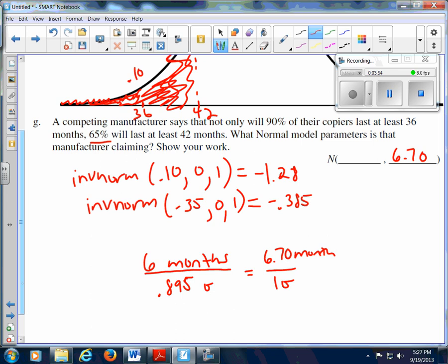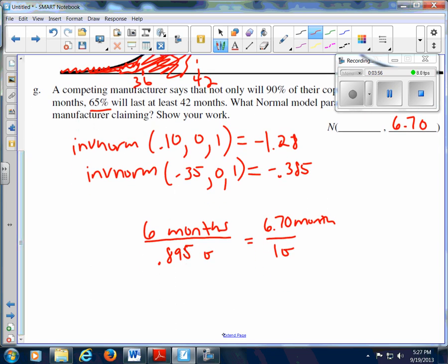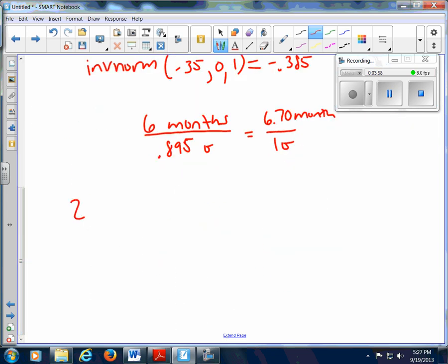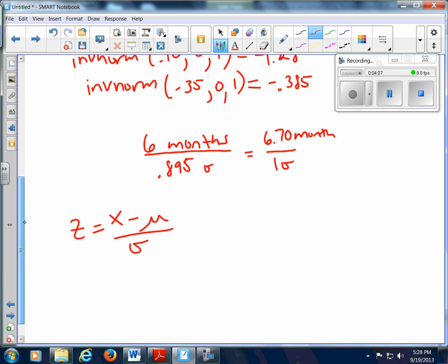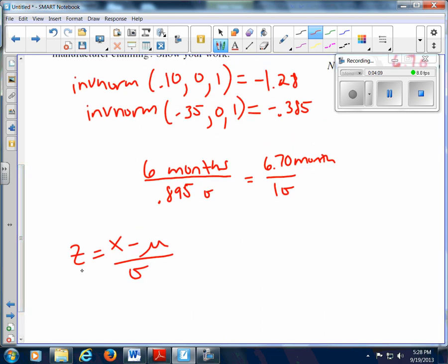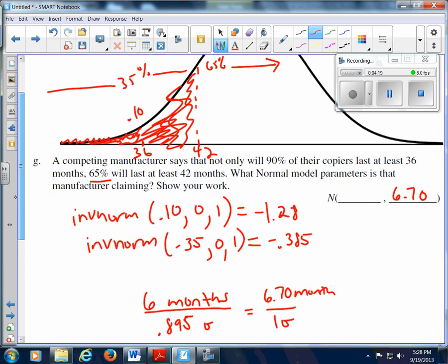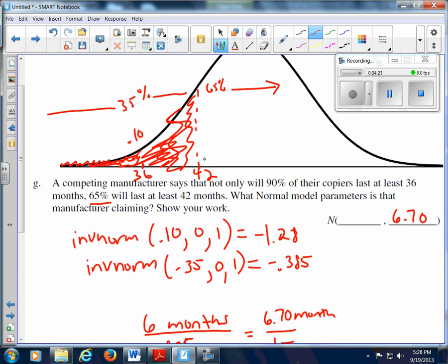Well, now that I've got my standard deviation and I've got z-scores, I can now use the z-score formula to figure out my mean. So what I have to do is go back to my z-scores. I only need one z-score for this calculation, so I'm going to pick the first one that I have, negative 1.28. At negative 1.28, x is going to be the value of that z-score.